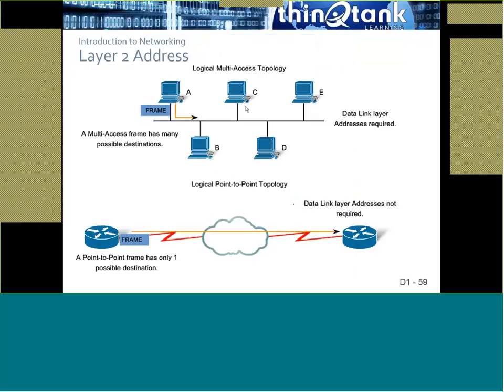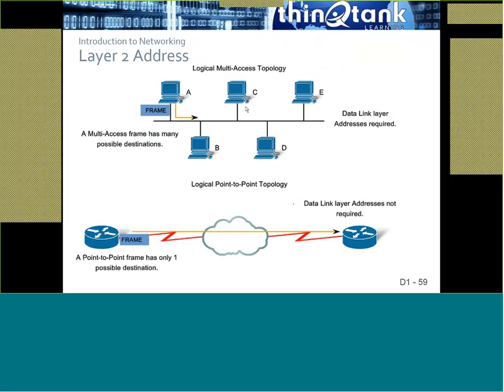We also talked about the concept of a layer 2 address. We know for a fact, for example, in Ethernet, we use MAC addresses to define our destination. But why is it necessary to have a MAC address in Ethernet, but not in point-to-point? Well, because in Ethernet, we can have multiple sources and multiple destinations connected to the same segment.